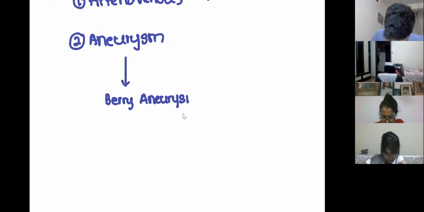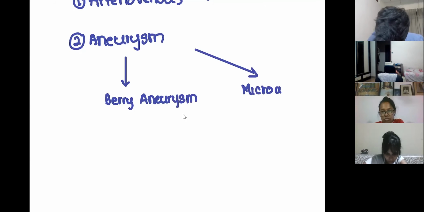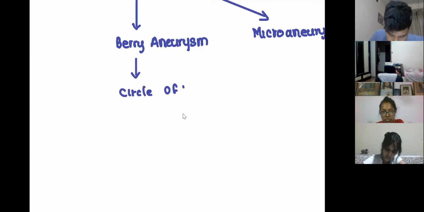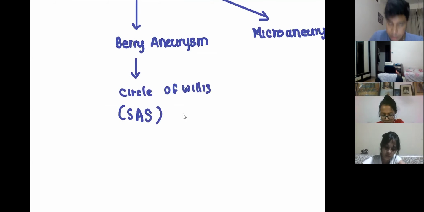So the aneurysms that we are concerned with are of two types. One is called perianeurysm. The other ones are microaneurysms. What you need to know is perianeurysms affect the circle of Willis, which is found in the subarachnoid space.